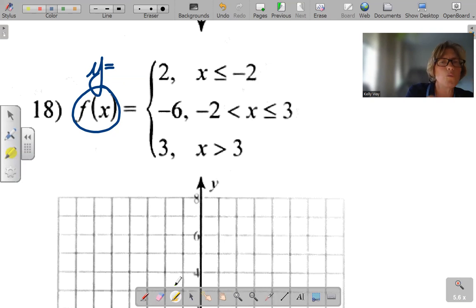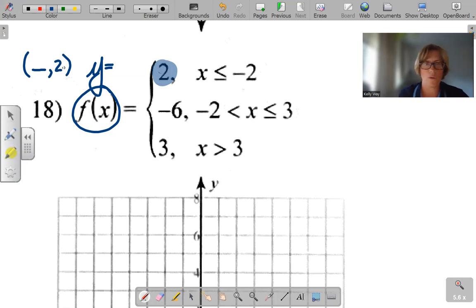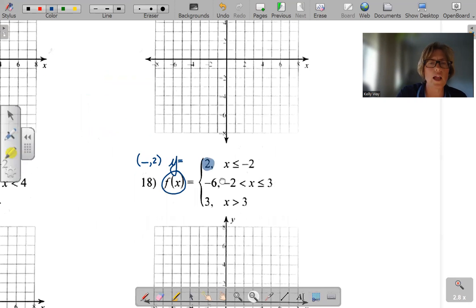So this first one, we're going to graph y equals 2. Now, normally, y equals 2 is all the points where you have a something, comma, 2. It's a straight horizontal line. It usually looks like this.